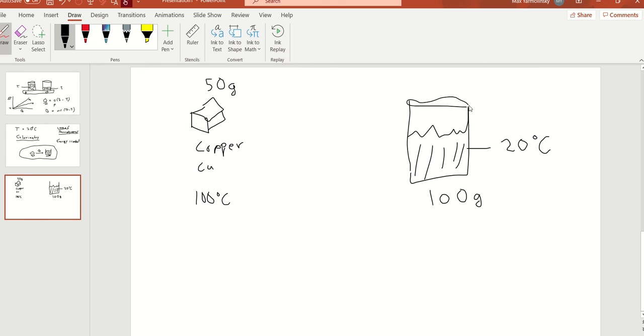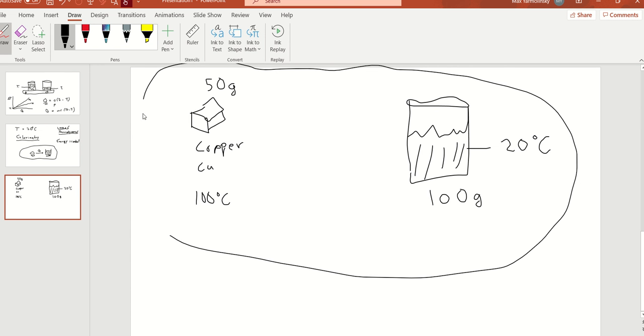Okay. That's a cup of water over here. In the experiment, we view the system as both the piece of copper and the cup. And in this system, heat, Q, is going to flow from the hot copper into the water because we're going to drop the copper into the cup of water and basically try to see what happens.